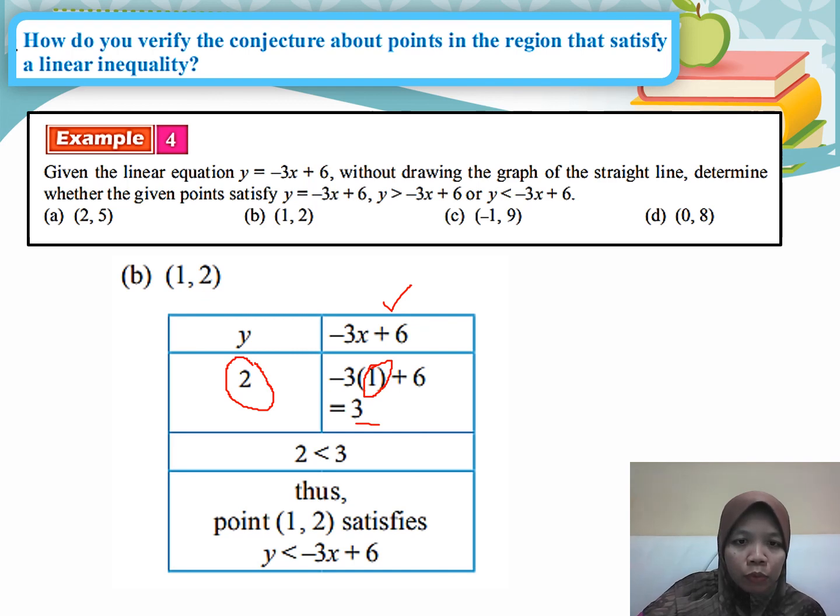And we know that 2 is less than 3. So we know that point 1, 2 satisfies the inequality y less than negative 3x plus 6, because 2 is less than 3.